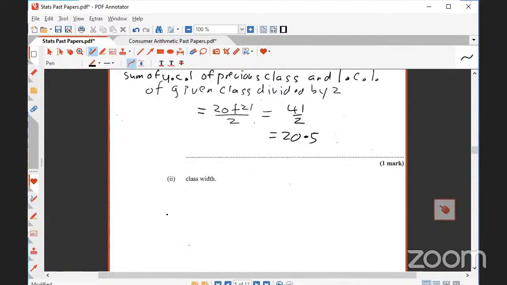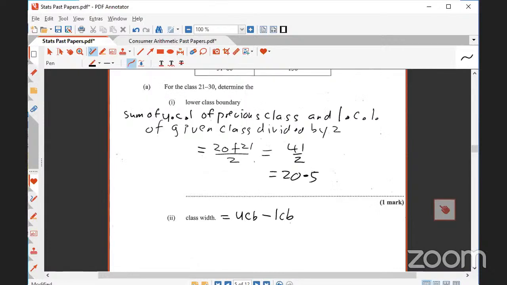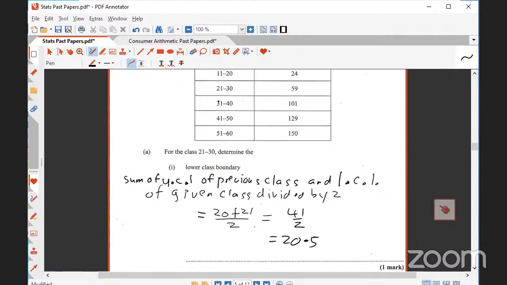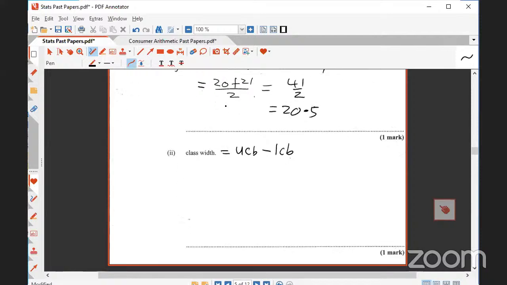All right. Class width. To get the class width, it is the difference between the upper class boundary and the lower class boundary. Our lower class boundary here is 20.5. The upper class boundary would be 30 plus 31 divided by 2, that's 30.5.